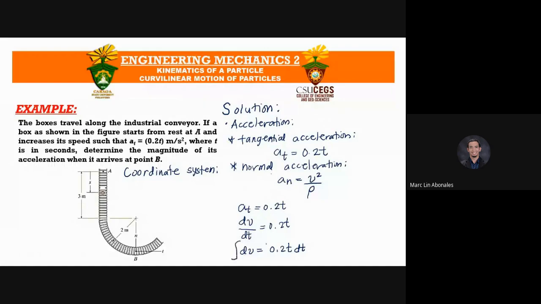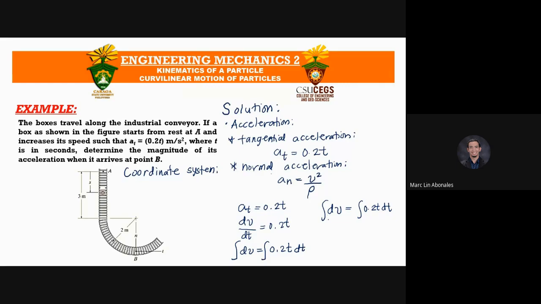If we integrate both sides using a definite integral, for the limits on the left side, the velocity has a lower limit, or initial velocity, of zero since it starts from rest.